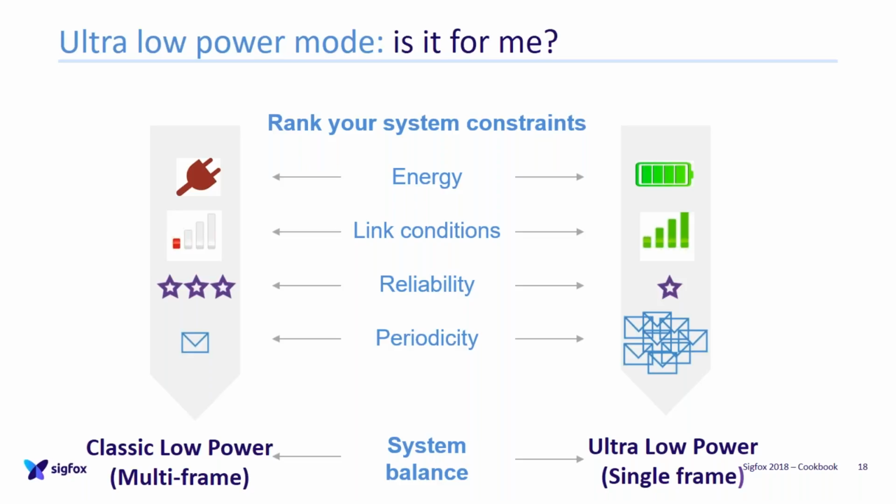For underground water metering, I would not go for ultra low power. I will find some other energy solution, but I will still need the quality of service benefit of the classic low power system.